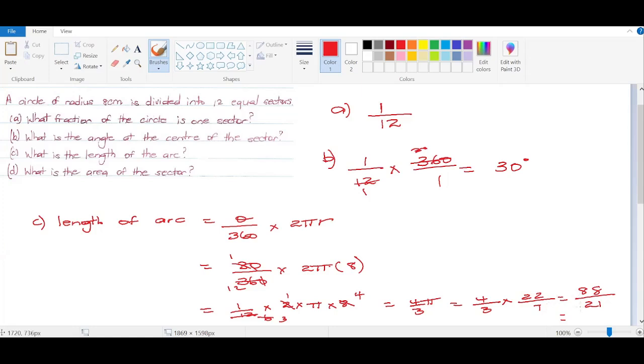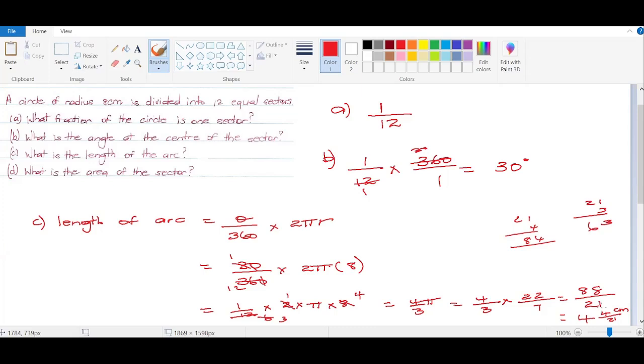And 88/21, 21 by 3 is how many? 3 1s are 3, 3 2s are 63. And by 4, 4 1s are 4, 4 2s are 8. So it's 4, remainder 4 for 21 centimeters. And of course, that was just trying to work it out without using a calculator.